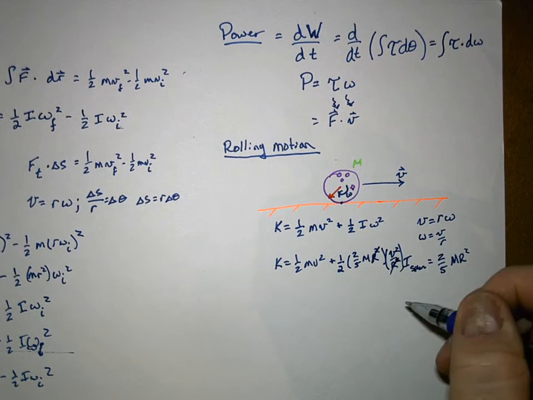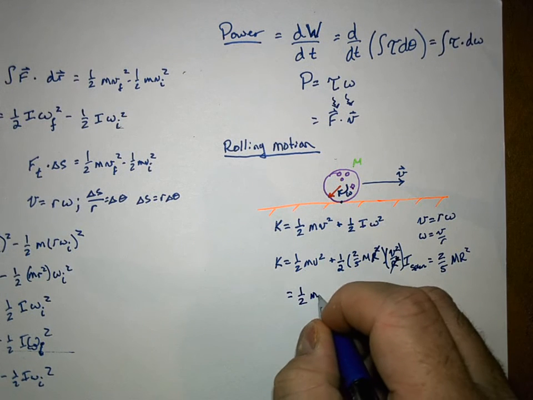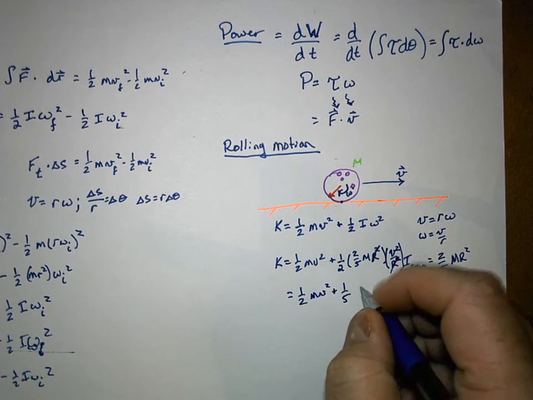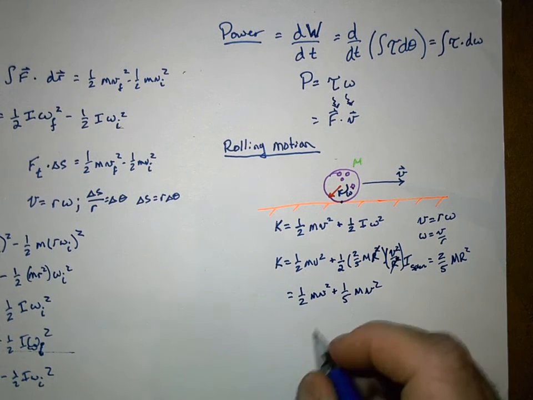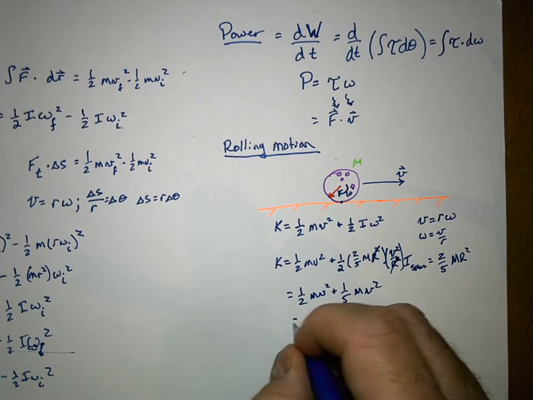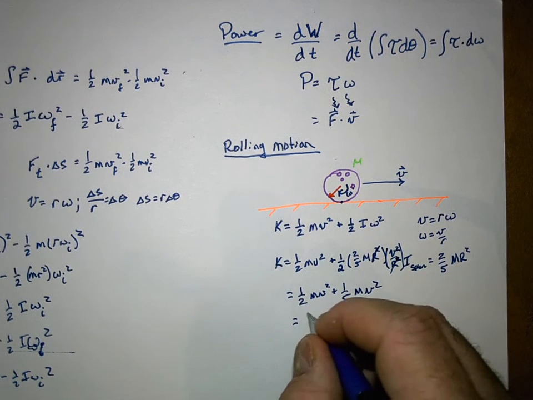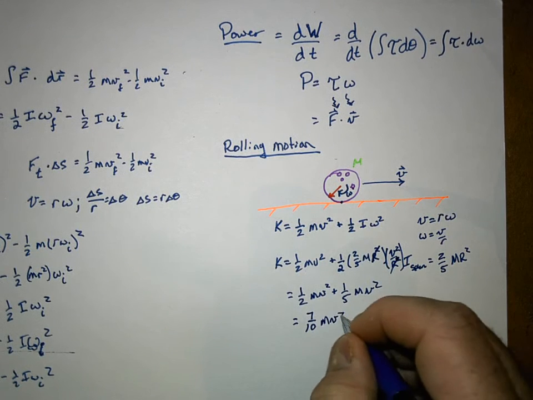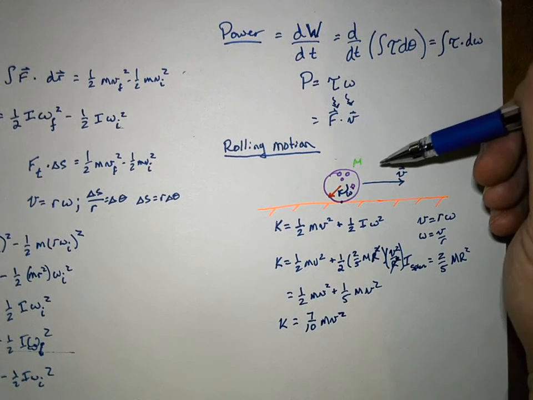And so what does this become? This becomes 1/2 mv squared plus 1/5 mv squared. And now we just add the two fractions together. It's going to be 5 and 2, so 7/10 mv squared would be the kinetic energy of our bowling ball rolling down the aisle.